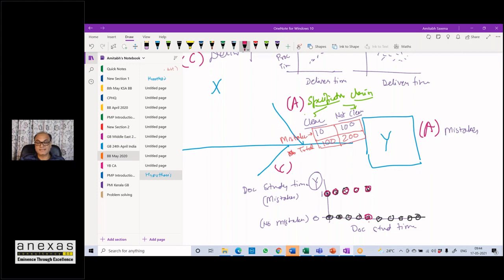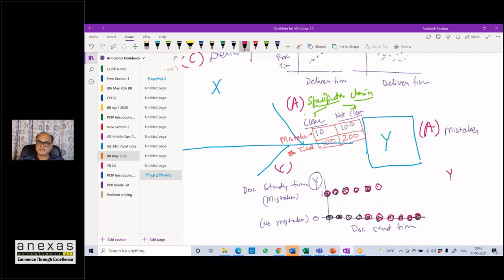So I have got both the data. At 4 hours, I had mistakes, and at 4 hours, I did not have mistakes. At 5 hours, I've got both the data. Sometimes I commit a mistake, and sometimes I don't. And after 5 or 6 hours, the probability of getting the mistake is 0, meaning basically I did not commit the mistake.